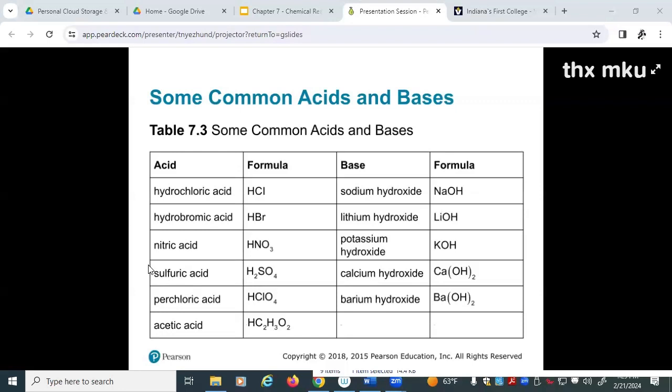Lithium hydroxide, you find more often with lithium ion batteries. Potassium hydroxide is also known as potash. Calcium hydroxide is called lime. Barium hydroxide is another common base as well, although less and less common because of the toxicity around barium.